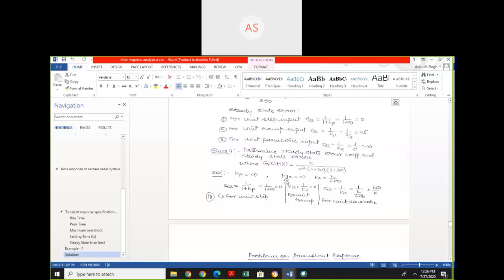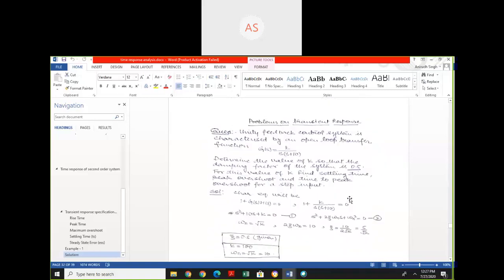Similarly, in case of Kv, you multiply s, it is cancelled, and when s is 0, the value of Kv is infinite. But in case of Ka, you multiply s square, it is cancelled out, and the value of Ka is K by 600. So the corresponding steady state errors are 0, 0 and 600 by K.